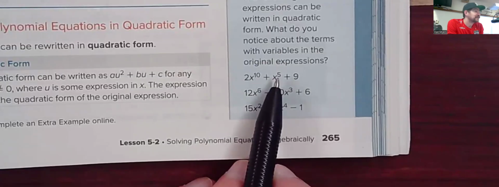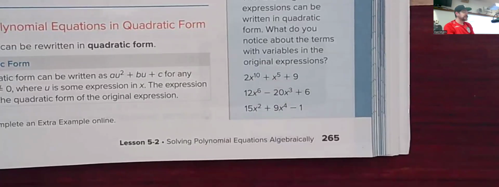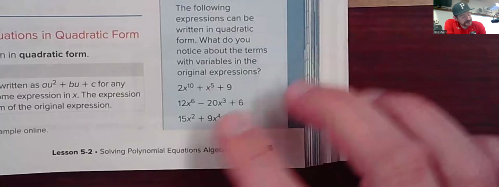X to the 5th power. X to the 5th power multiplied by itself equals x to the 10th power. So this could be written as 2u squared plus u plus 9.